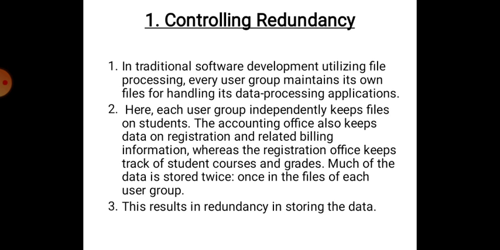They will also keep track of the students academically, that is, what course he has taken, admission, and what grades he has obtained. So in this way there will be two different storages of the same information related to a student. Third, this results in redundancy in storing the data.